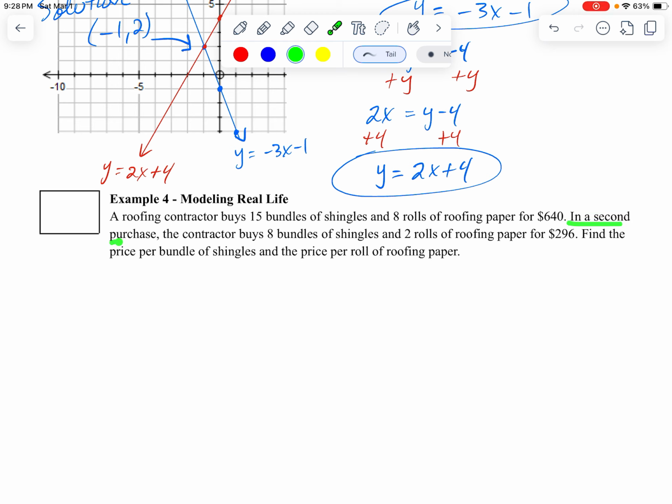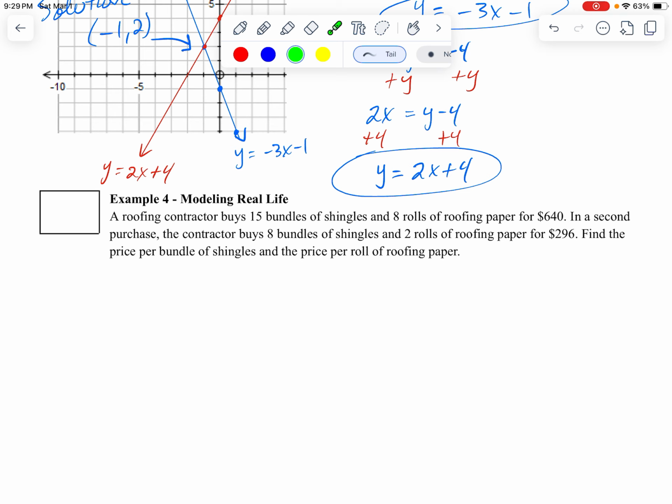In a second purchase, the contractor buys 8 bundles of shingles and 2 rolls of paper for $296. We need to find the price of a bundle of shingles and a price of a roll of paper. So the thing to remember when you're setting up the equations here, if we want to find the total cost of something, we need to take however many we've got times the price of each one, and that will give us the total cost.